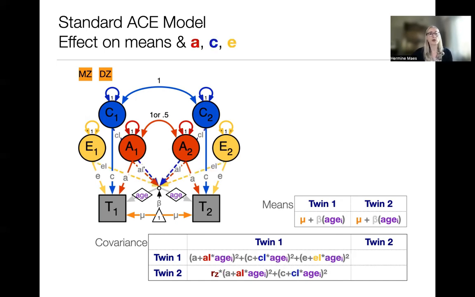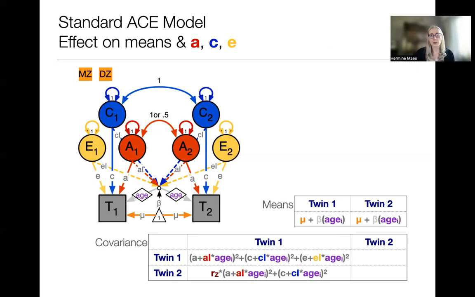As noted before, not only can we potentially moderate the additive genetic component, but also the shared and the unshared environmental component. And so here we've added 2 additional paths, CI and EI, indicating potential moderation of the C and the E component.